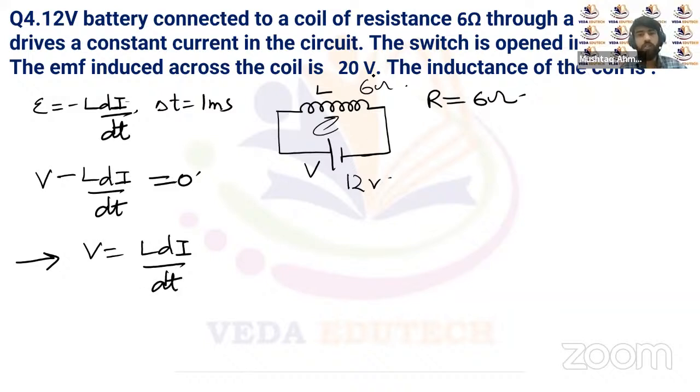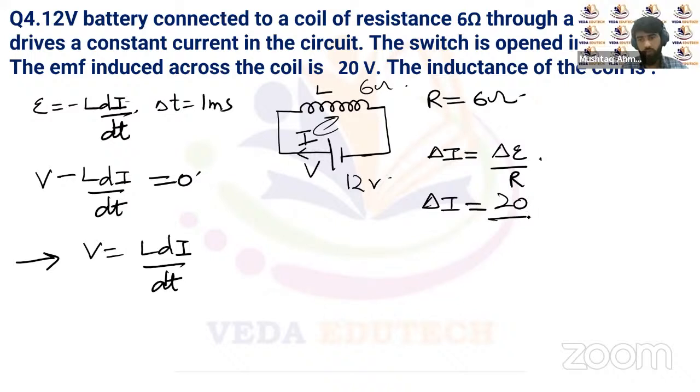Now we have to calculate the current through the circuit. The current, whatever the change in current, let's suppose that's delta I, will be the induced EMF divided by R. So delta I here will be 20 volts upon the resistance, which in this circuit is 6 ohm.